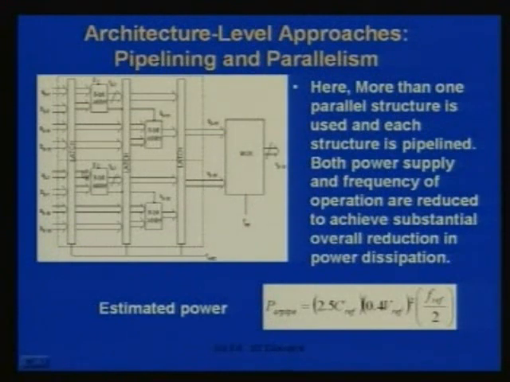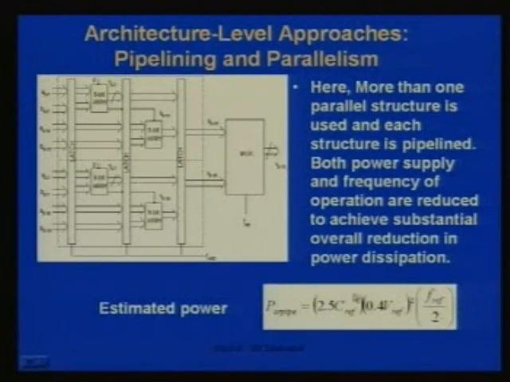Of course, there is scope for using pipelining and parallelism simultaneously, and whenever you do that, obviously the reduction will be more. So, it will be roughly close to 1/10 of our reference circuit. By using pipelining and parallelism both, here you can see this part is pipelined, this part is pipelined, then it has been duplicated, and you are using a multiplexer to multiplex the two parallel stages.